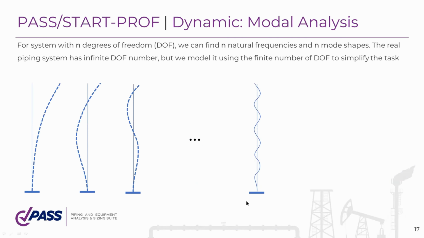So here you can see the mode shapes, first, second, third, and a mode shape with higher frequency for the distributed mass beam. In START-PROF, if you create such a model, you will see the same result. As in the previous example, I already showed you the cantilever beam model, and you may see the mode shape something like this.